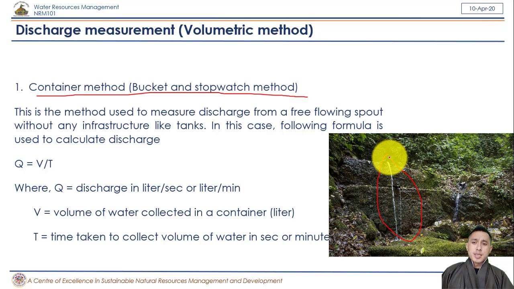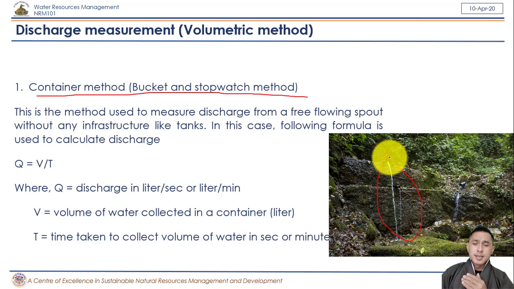You can ask one of your friends to look at the stopwatch and set the timer. Then as soon as both of you synchronize, 1, 2, 3, one starts the time and the other gets the water filled inside the bucket, and that bucket volume should be known.